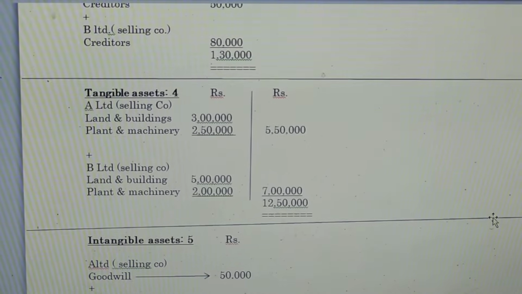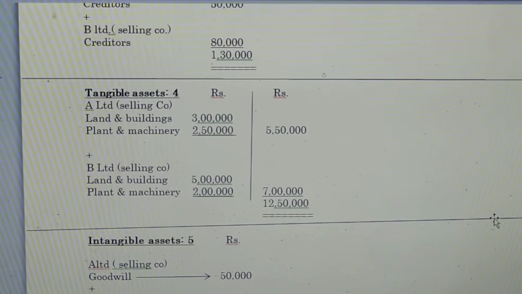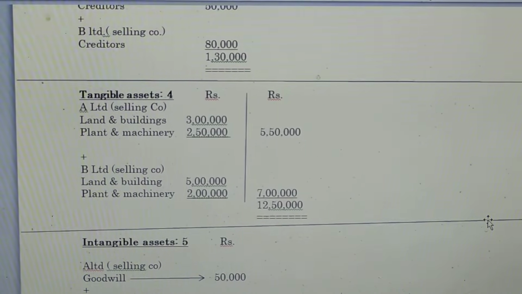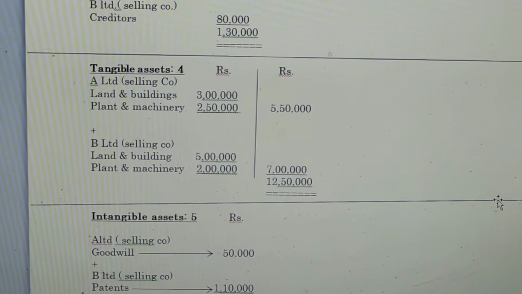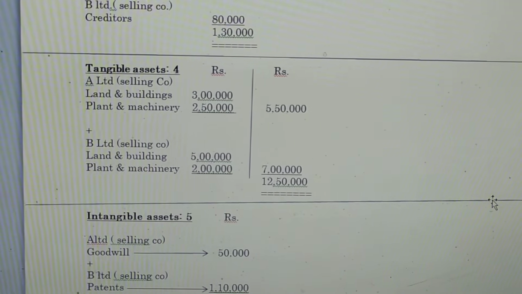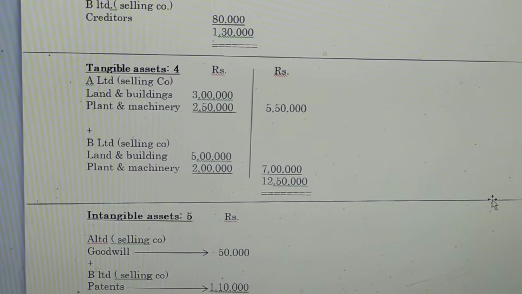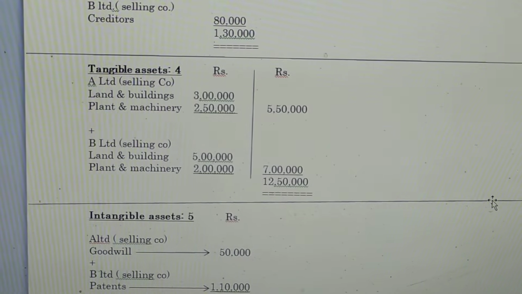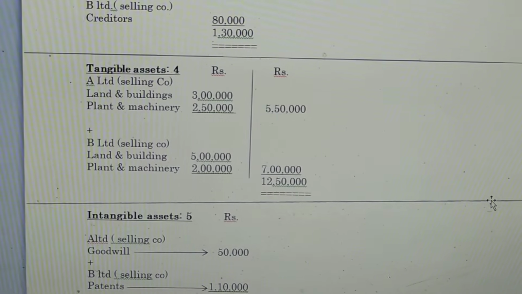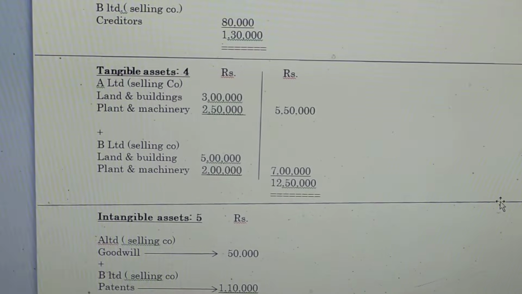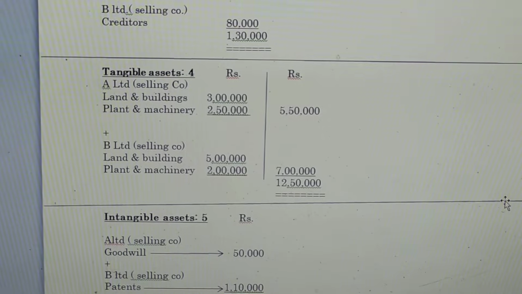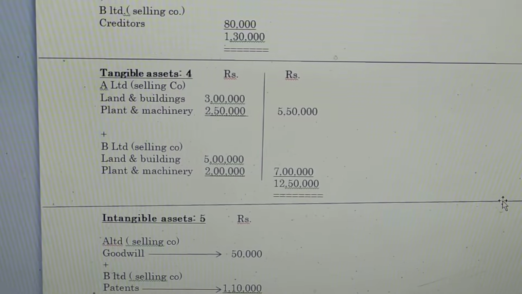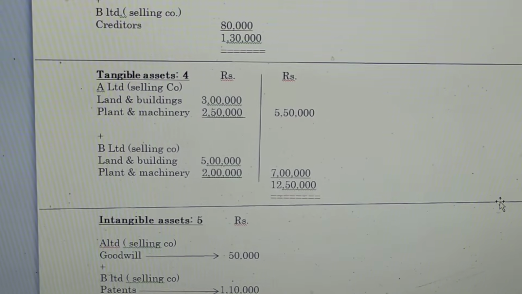The total amount is 5,50,000, which we have to mention in the outer column, plus land and building for B Limited is 5 lakhs, and plant and machinery amount for B Limited is 2 lakhs. So the total amount is 7 lakhs, which we have to mention in the outer column. So the total tangible assets are 12,50,000. It means 5,50,000 plus 7 lakhs.